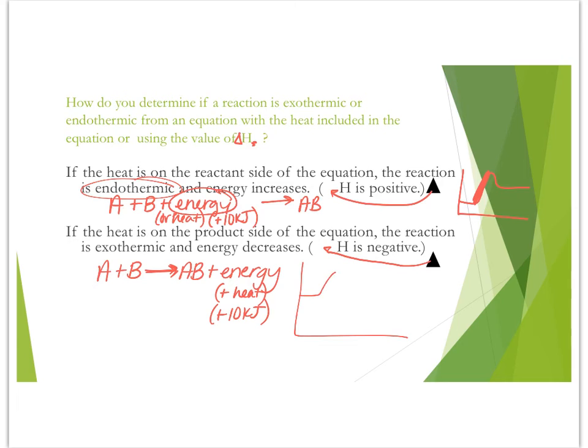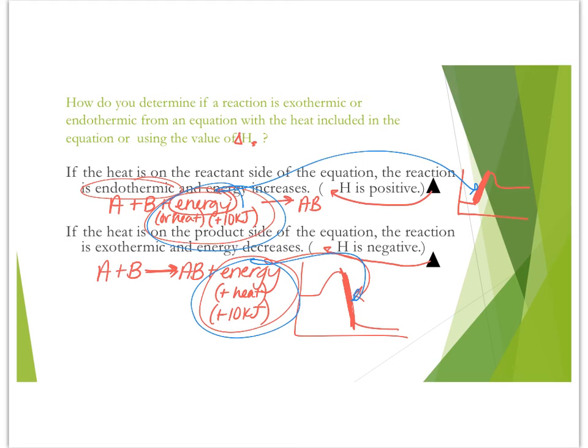So this would be the graph for it. There's more energy change on the right-hand side of the graph than there is on the left-hand side of the graph. Okay? So if energy is on the right, there's going to be a bulk change on the right. If energy is on the left, the bulk of the change is going to be on the left of your graph. Okay, so that's just something you have to memorize.